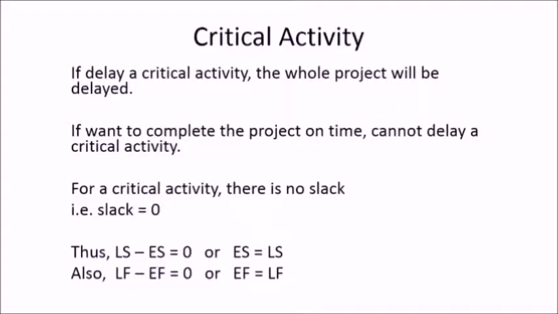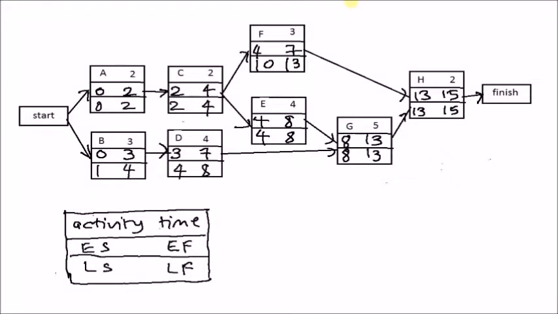Since slack equals latest start minus earliest start, we set latest start minus earliest start to 0, or earliest start equals latest start, or latest finish minus earliest finish is 0, or earliest finish equals latest finish. An activity is a critical activity if the earliest start equals the latest start and the earliest finish equals the latest finish.